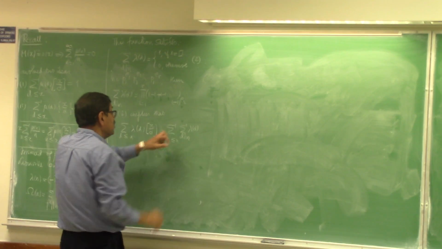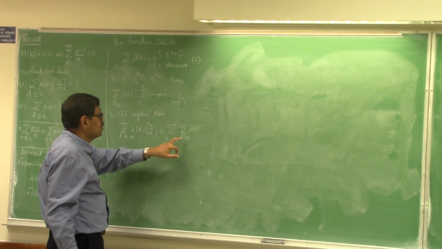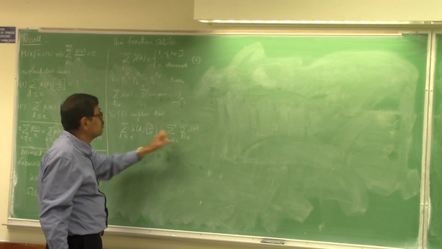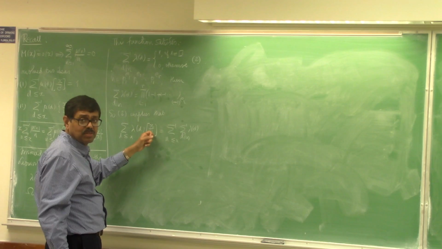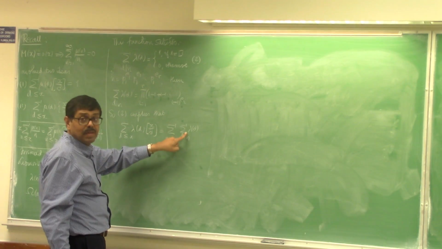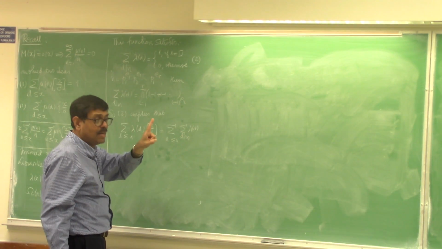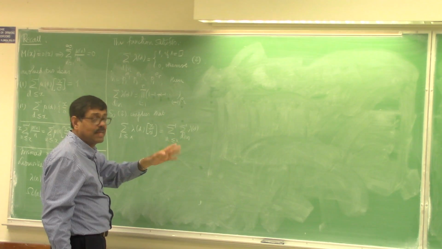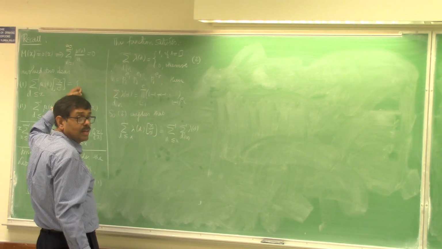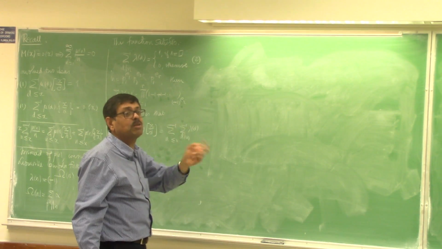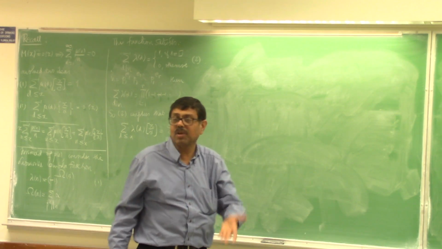Because if I flip, I bring the d here, then I have to count the number of n up to x, which are multiples of d, and that is your integral part of x over d. But this sum, in the Mobius case, was 1 at n equal to 1 and 0 otherwise, and that's why it gives exactly 1. But this one is 1 at the perfect squares and 0 otherwise.